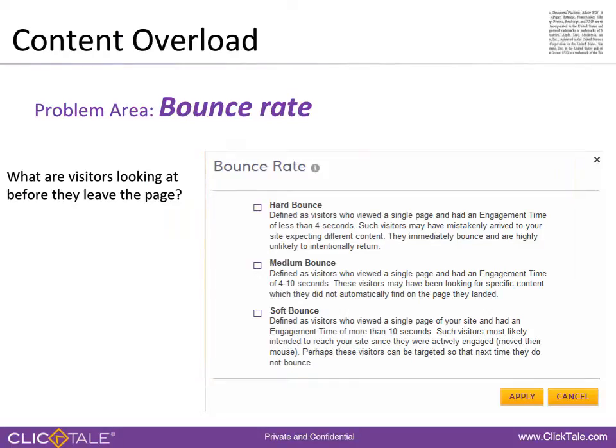And basically, if we're looking at someone that has a hard bounce, these are people that I always tell my clients to be focusing on, to see what they are looking at right before they leave that page, once they reach that very low level of engagement time. What's the first thing that's catching their eye? And those are the images, those are the pieces of content, those are the locations that we need to be emphasizing for our visitors, because again, they're telling us what's catching their eye first before us designing it for them.